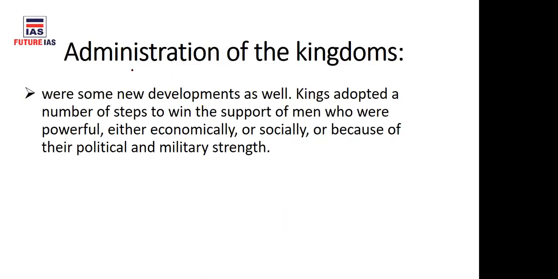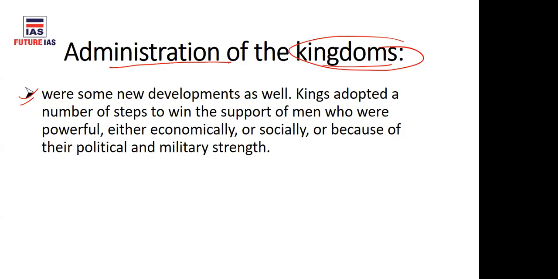Okay, so we were studying the administration of the kingdoms. We have studied the kingdoms, and we were studying the administrative perspective. You must understand, in ancient India the king adopted a number of steps, because even at that time the king was dependent on the support of a few powerful persons.